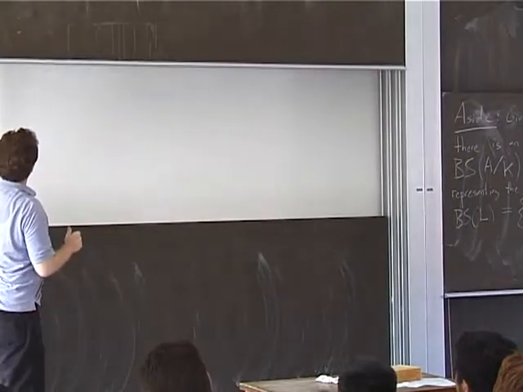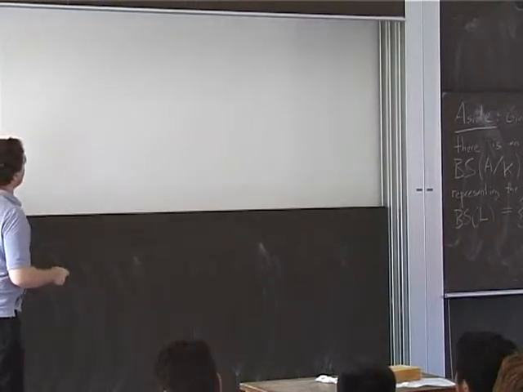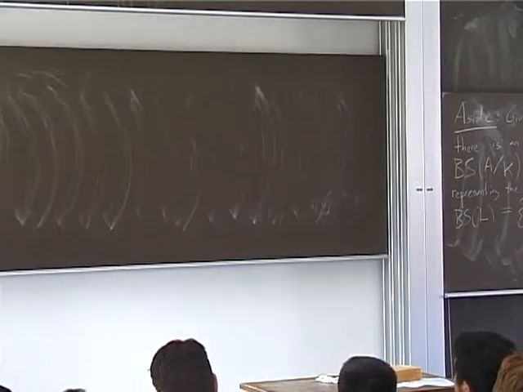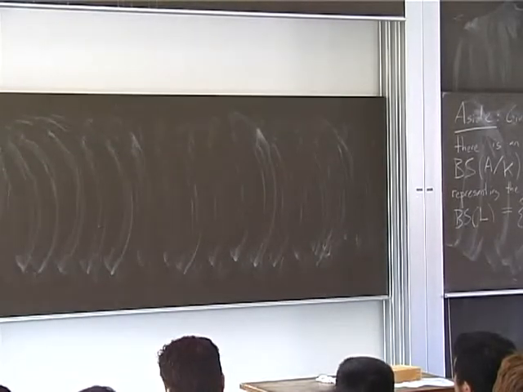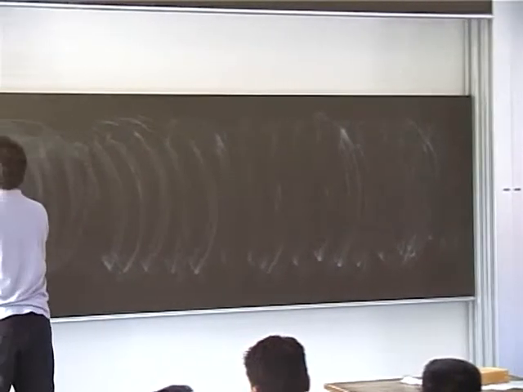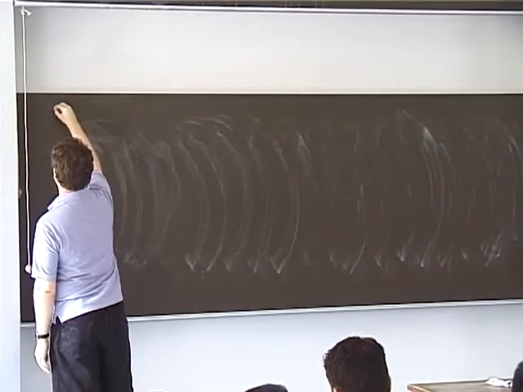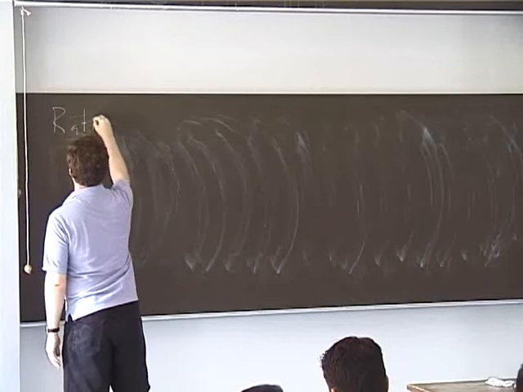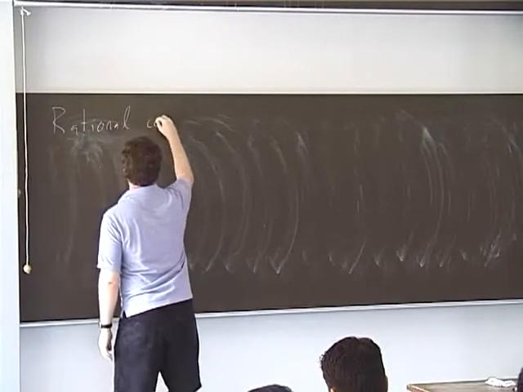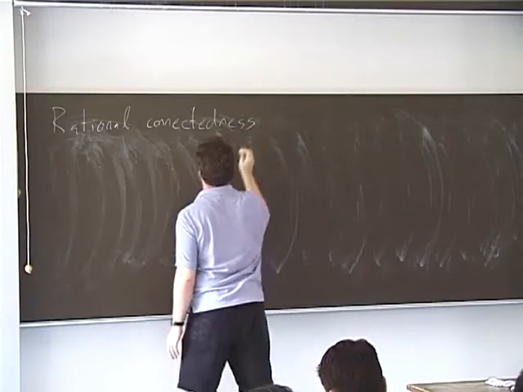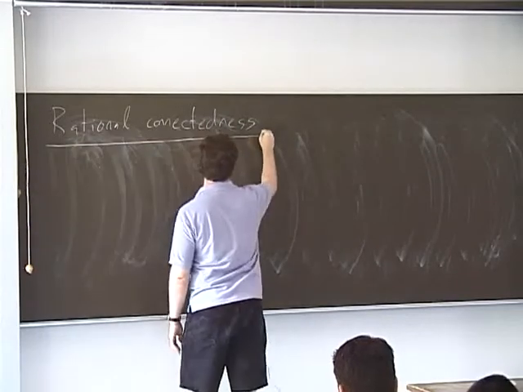So that's the expectation. What can we use instead of unirational? There's another property that, as my understanding is, was considered quite a long time ago, but was really intensively studied only since the early 90s, and that's called rational connectedness. Rational connectedness is an analog in algebraic geometry of path connectedness.